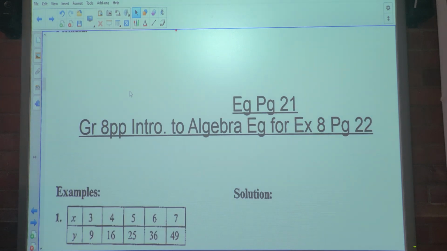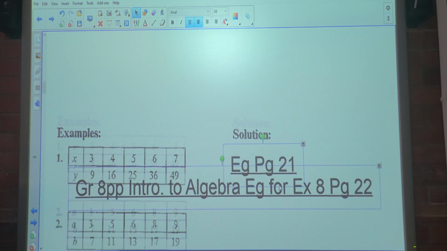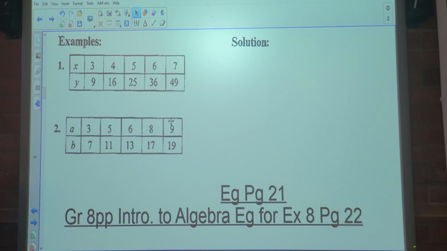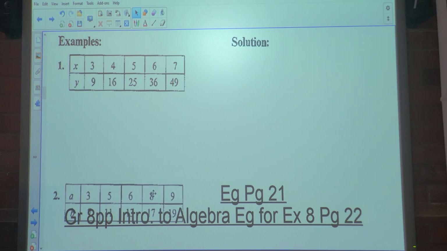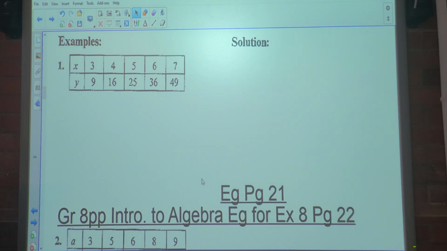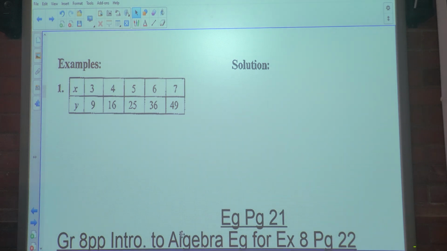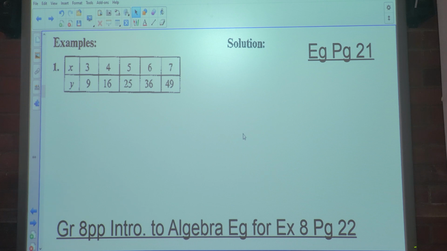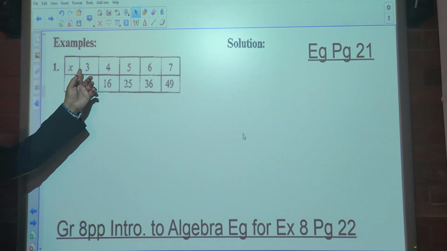Right, so let's look at the next one. So number 2, sorry, number 1. There are 2 examples. So here we got x as your independent variable.